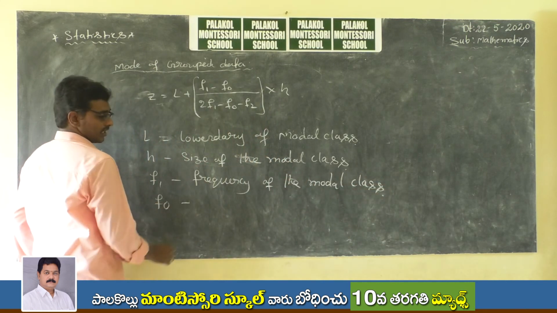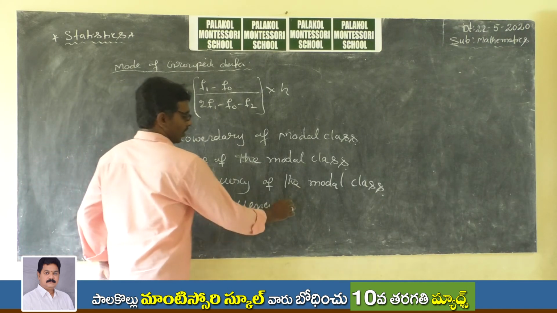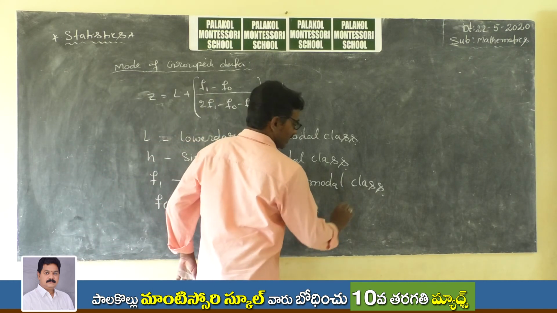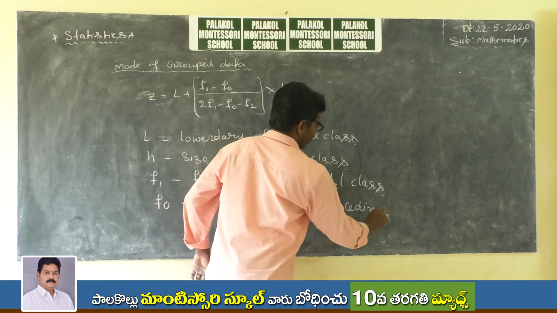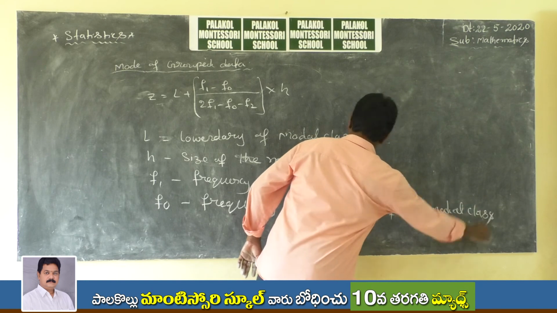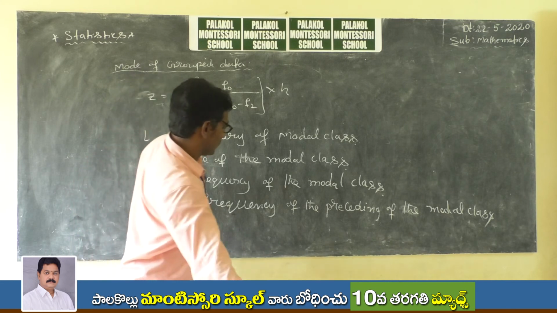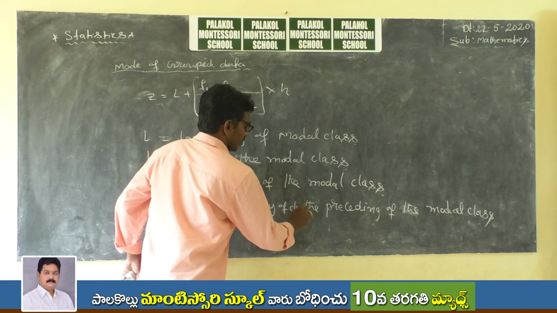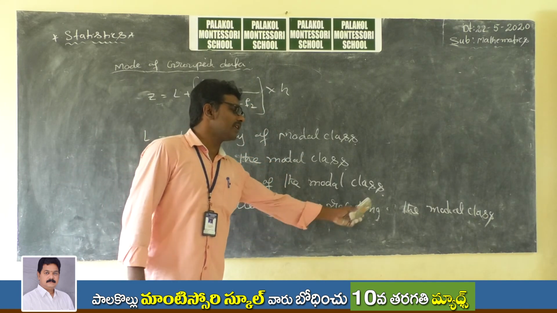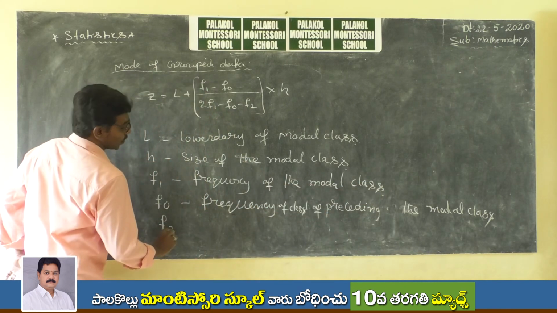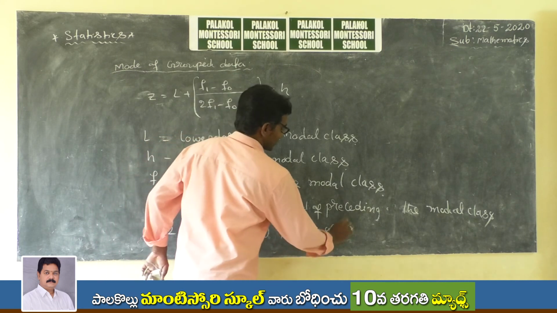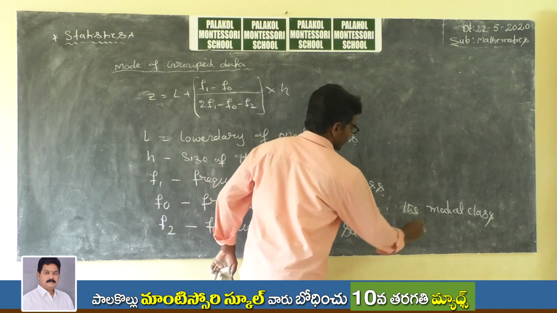Next one, F0: frequency of the class preceding the modal class. F2: frequency of the class succeeding the modal class.